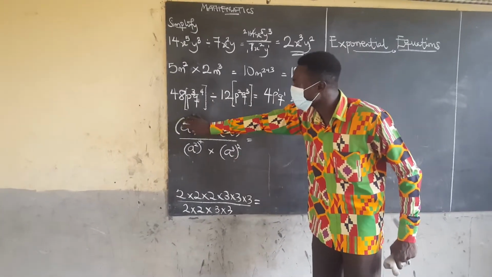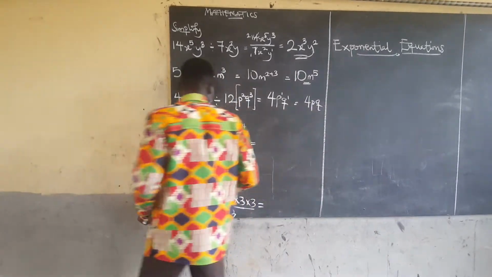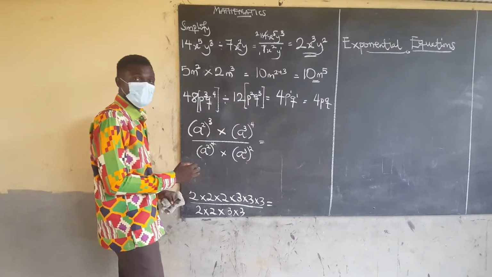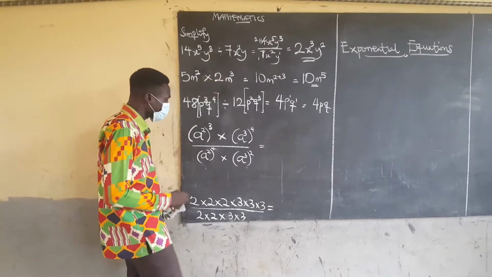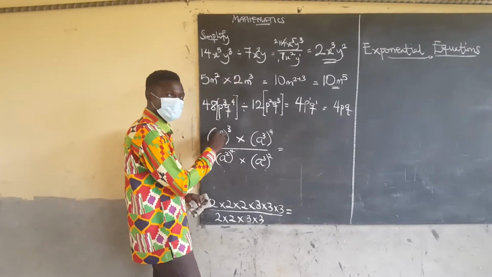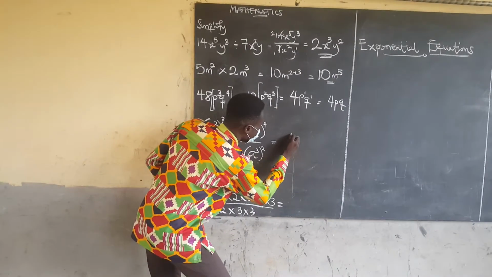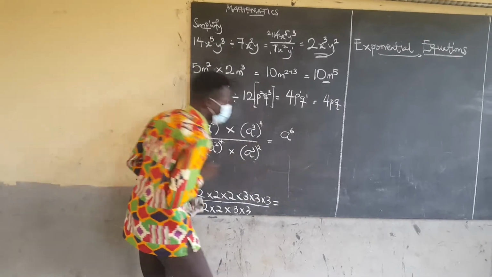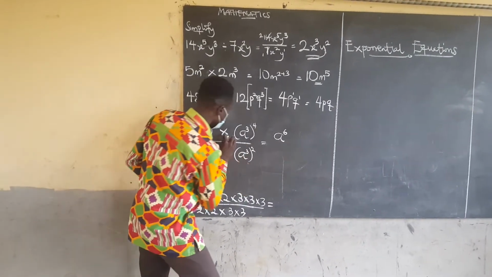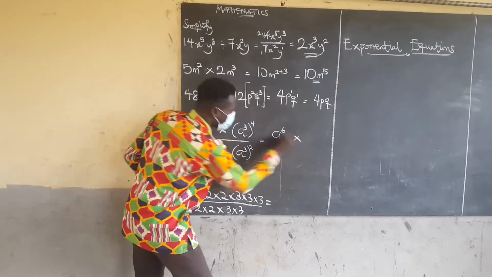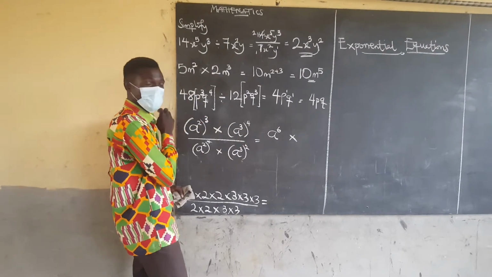So let's deal with these ones first. The third law says that any power raised to a power, multiply the powers. So I'm going to multiply 2 times 3. 2 times 3 will give me a raised to the power 6. So this times this. Then the sign here is times 3 times 4.